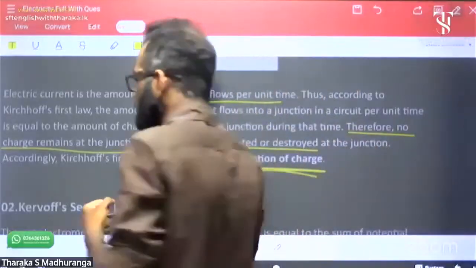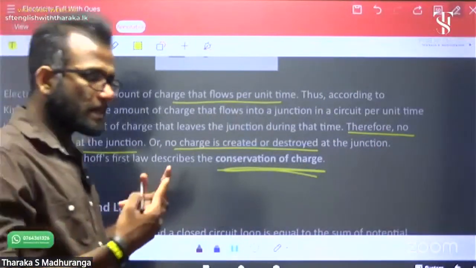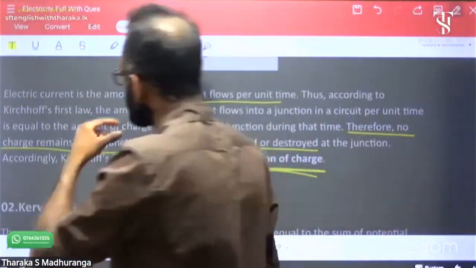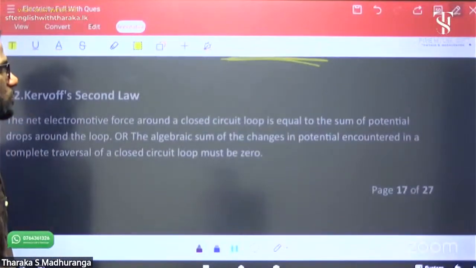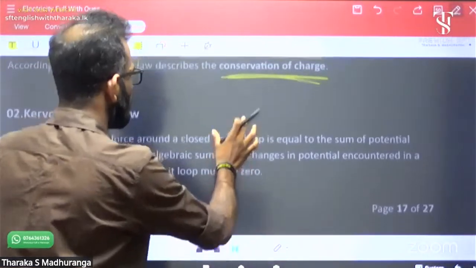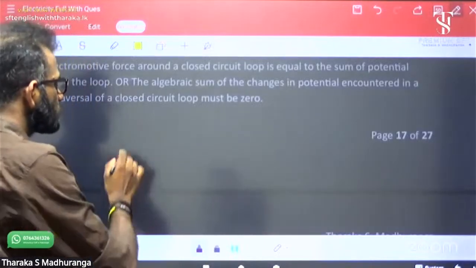That's the Kirchhoff's first law. Very simple, no? And let's move into Kirchhoff's second law. Okay, before we move into Kirchhoff's second law.